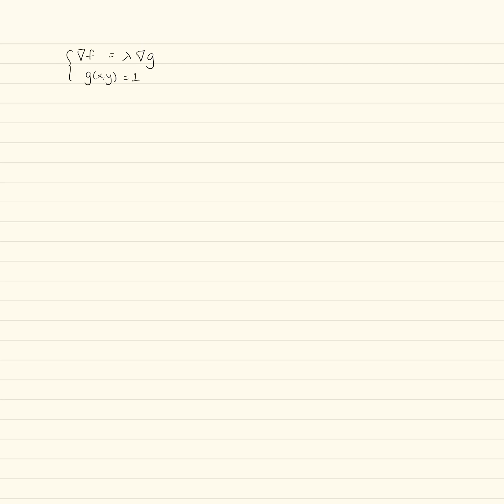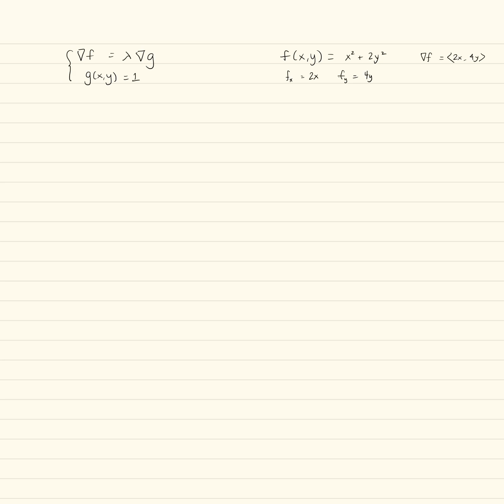So my function f is x squared plus 2y squared. That means that f x is going to be 2x, f y is going to be 4y. So my gradient is going to be 2x comma 4y.